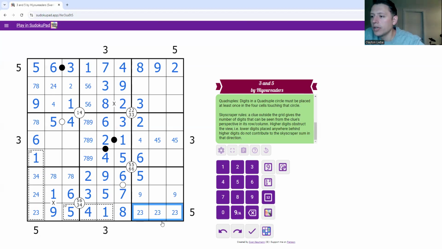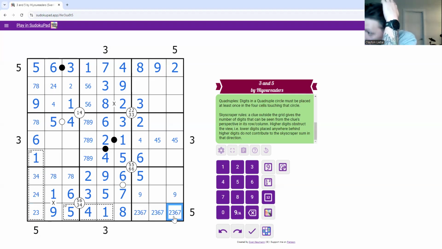We need 2, 3, and 6. So this can't be a 2 via that 2. Oh, wait. 2, 3, and 7. Okay. So that's going to make this 3, 6, 7, and this 2, isn't it?